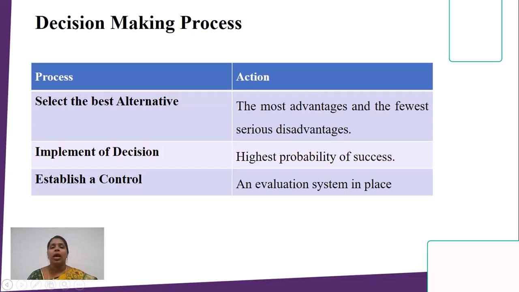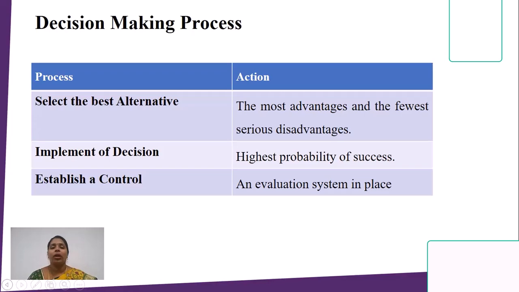In other words, a best alternative has to give you more advantages and fewer disadvantages. By seeing this, a managerial economist can arrive at a best alternative. It may be plan A, plan B or plan C. Whichever has fewer disadvantages and more advantages, we can select that as the alternative.